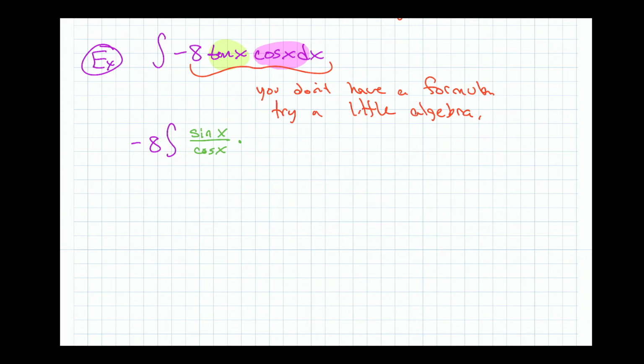Well, what's a cosine x? It's just a cosine x. Right? So you can rewrite those. The whole point is you just rewrite them using what is a tangent, what is a cosine. When you do that, you see that you can cancel the cosine.